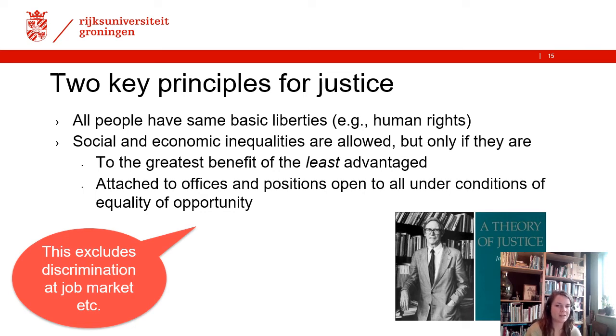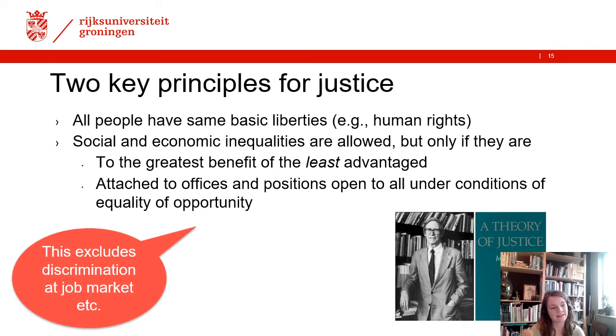The first being that all people have the same basic liberties, which come down to human rights. And on top of that, social and economic inequalities are allowed. So there can be differences in how resources are distributed, but they should be to the greatest benefit of the least advantaged. This is where this Maximin principle comes in, right?